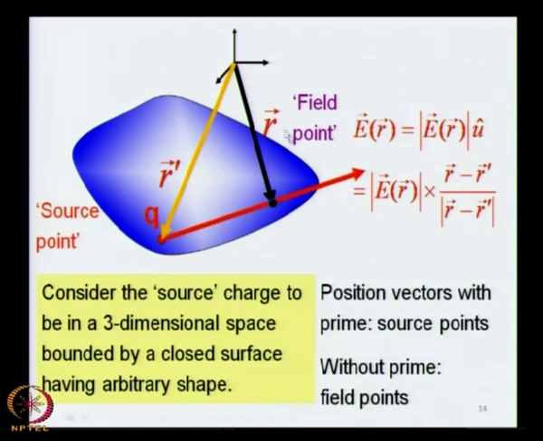So, we consider such a closed surface with the charge q sitting inside, and this surface has some arbitrary shape, there is no particular geometrical shape, it may have some wiggles, ups and downs and so on.